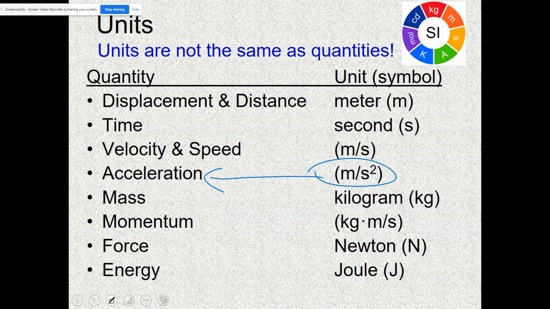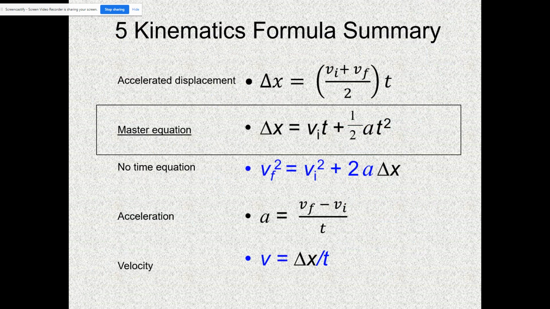And so that will help you figure out what you're looking at. If you see something with meters, then you know you're looking at displacement, which is either x or d, one of those things. And if you're looking at time, something with a number like 32 seconds, you know you're looking at time. So those will help you out if you remember your units.